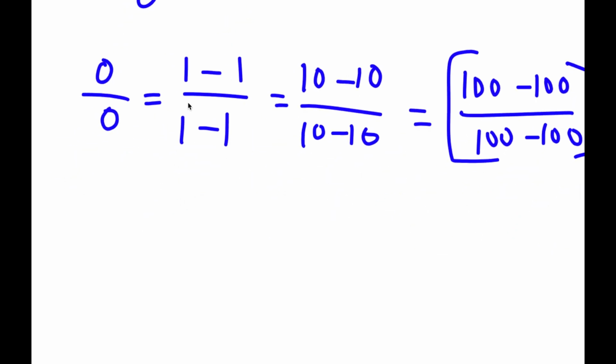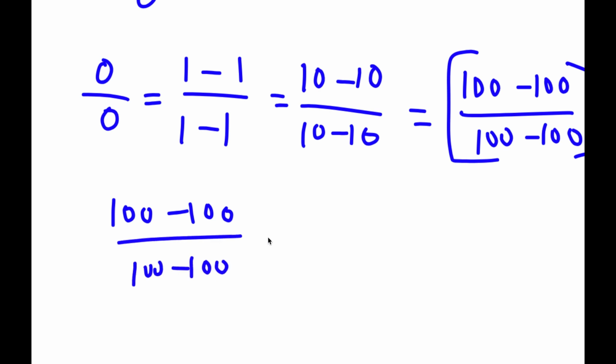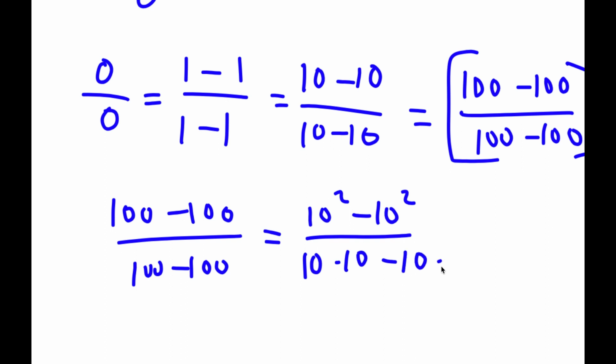Now 100 is the same thing as 10 squared. So 100 minus 100 over 100 minus 100 is the same thing as 10 squared minus 10 squared over, instead of writing this as 10 squared minus 10 squared again for the denominator, I'm instead going to write this as 10 times 10, which is the same thing as 10 squared.